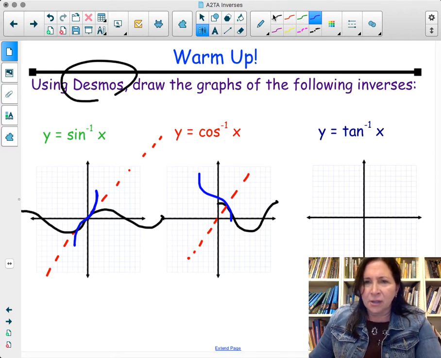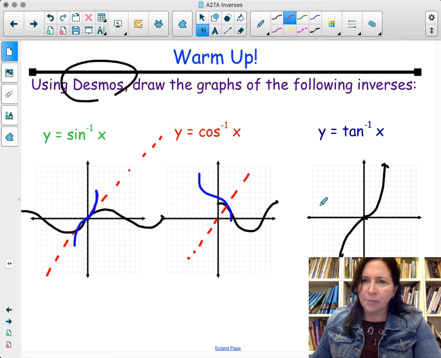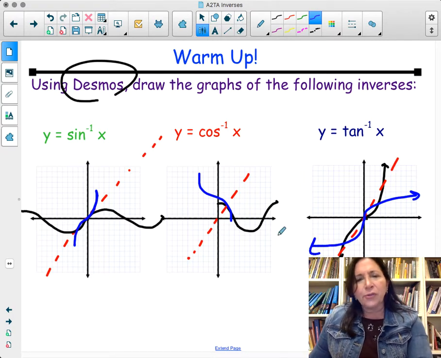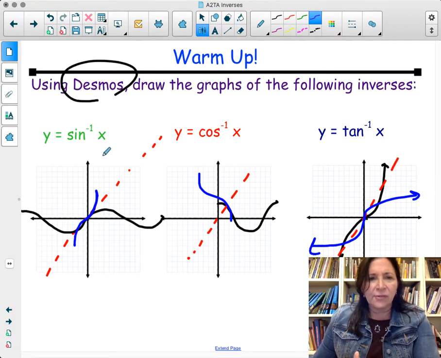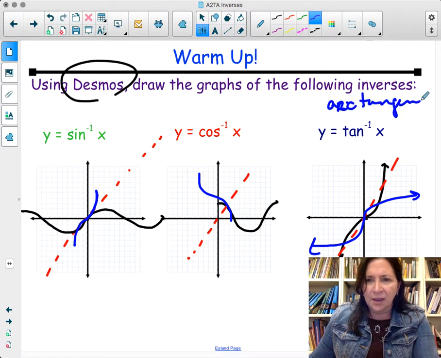Likewise, tangent looks like this, and if I were to reflect it across my y equals x line, my new graph would do this, and it would do this. Those are what we call inverses. This is for arc sine, arc cosine, and arc tangent. When I write this, I'm saying arc tangent.